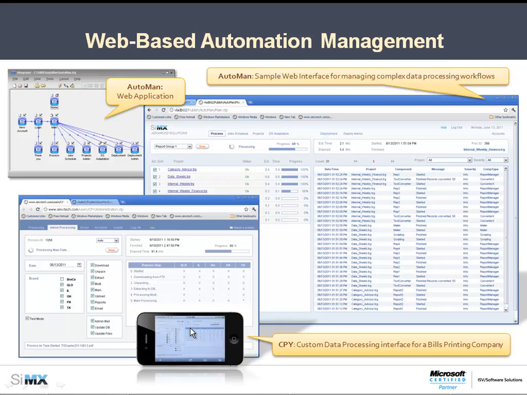The application can be started from a smartphone, an iPhone or an Android phone, by clicking a big green start button. Or it can be started from a PC with a somewhat more sophisticated interface where you can check off the stages of the process that you want or the sections of data that you want processed. And as each portion of the process runs, the time required to complete that process is filled in the interface.